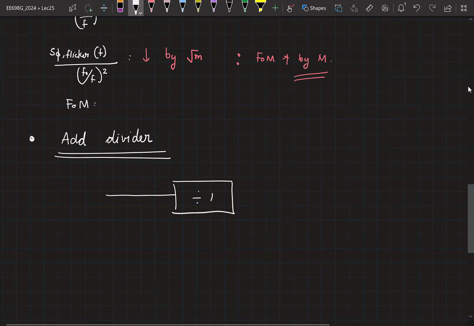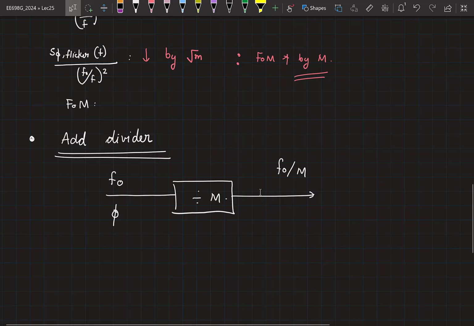If I have a divider, I know that if the input frequency was some F0, the output frequency is F0 by M, right? It's just a frequency divider. How do you think the phase is going to behave? Because we are now looking at the phase noise PSD. If I can find out the transfer function for phase, calculation of the PSD is very easy, right?